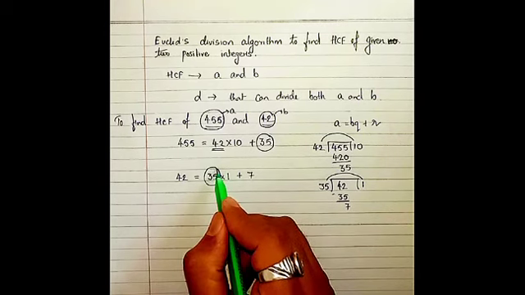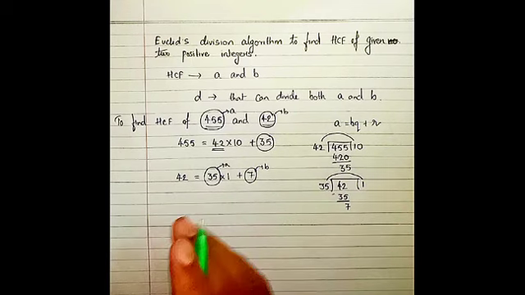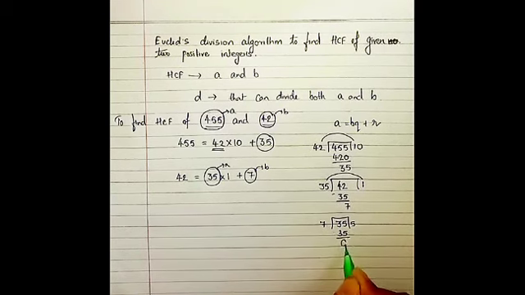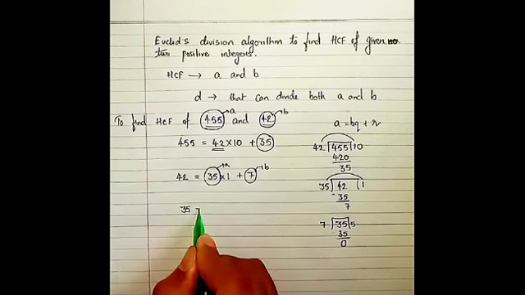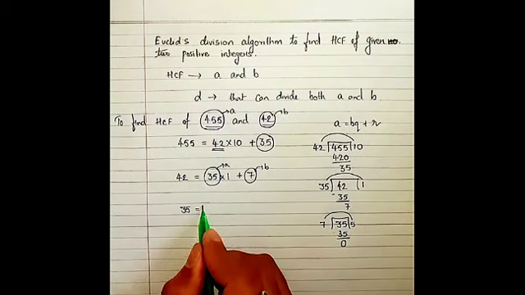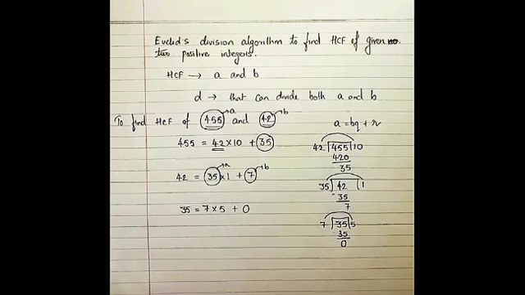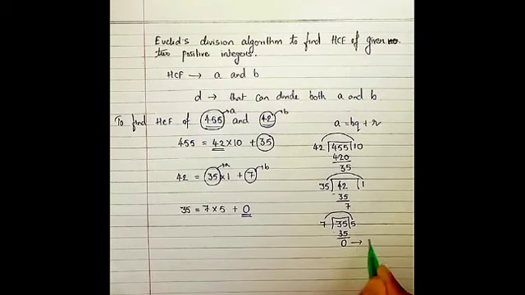So now we will again consider this 35 as A and this 7 as B and proceed with the same procedure. So now we have to divide 35 by 7. 7 5s are 35 and 0 is left. So now we will represent this as 35 equal to 7 multiplied by 5 plus 0. Now we got the remainder 0.